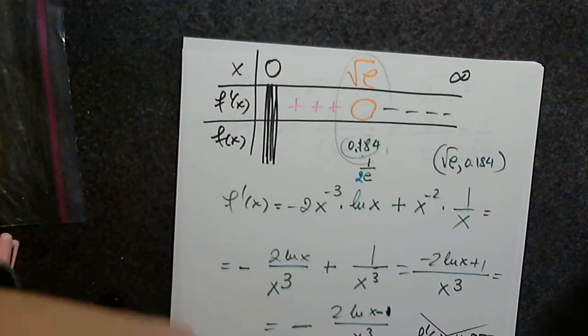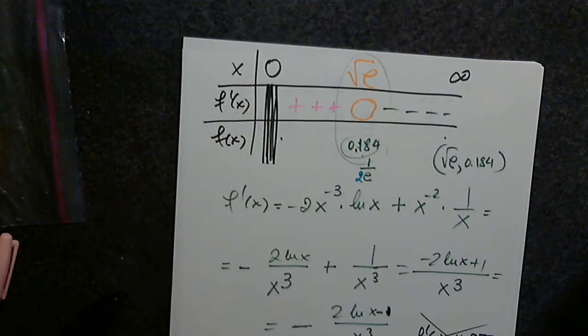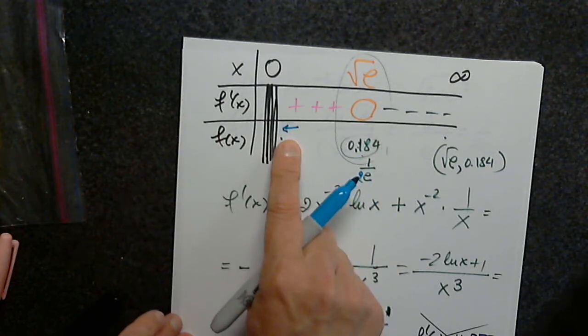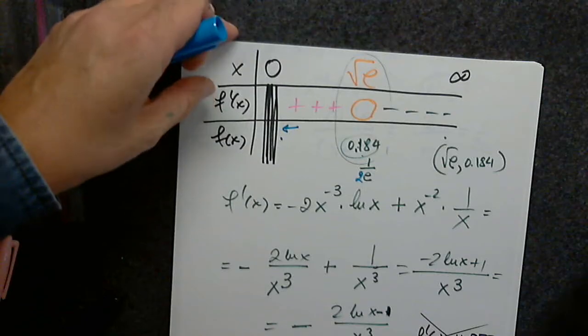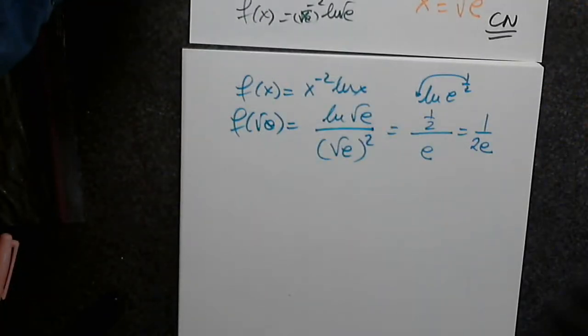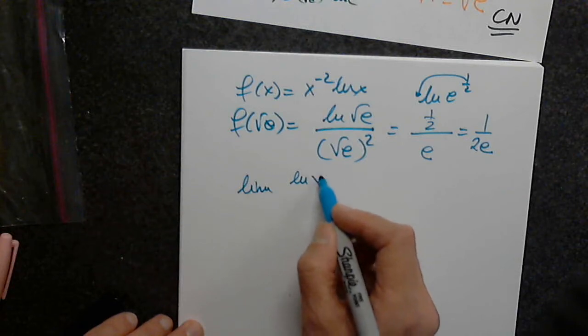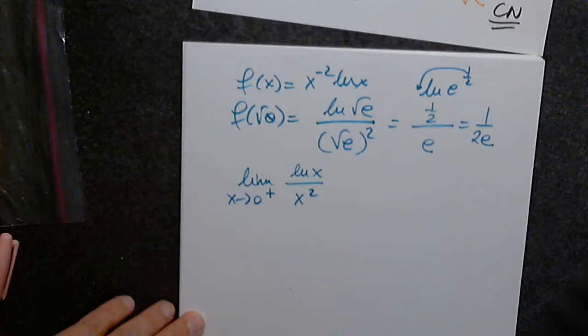Okay, now I still want to determine this and this. What do I mean by that? Well, this time I have to find a limit. The limit as x approaches 0 from the right of the function. Let's do that. So the limit of natural log x divided by x squared as x approaches 0 from the right.